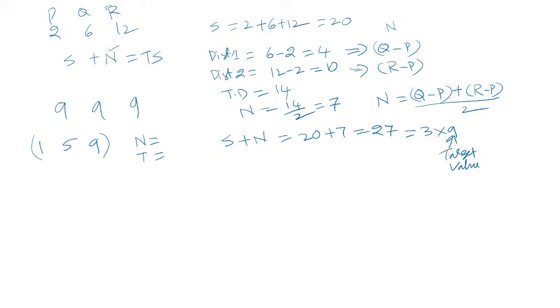Take 1 minute of time and calculate. For this combination 159, how many operations are required, and what is the target value, that means the number at which all of them become equal?